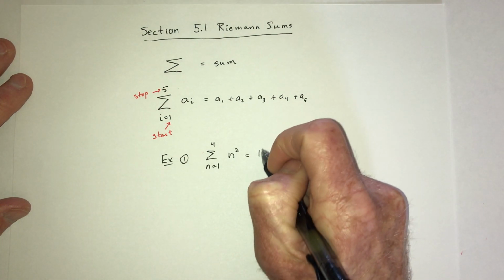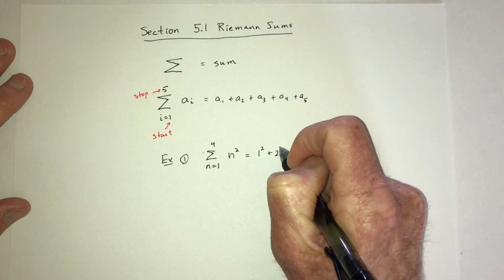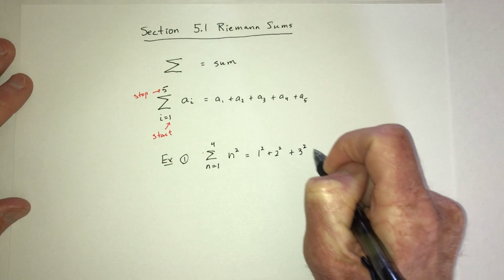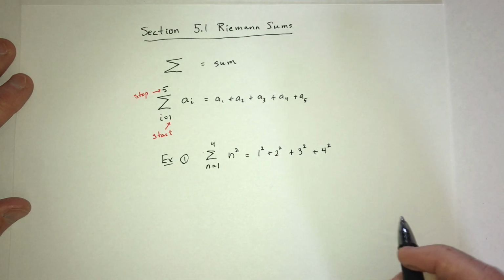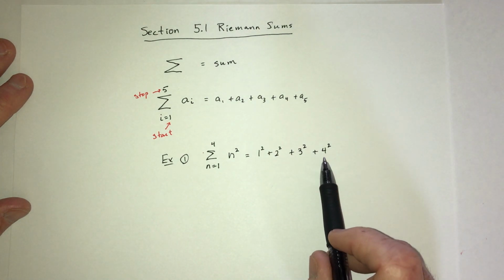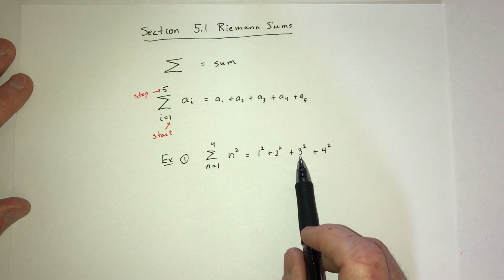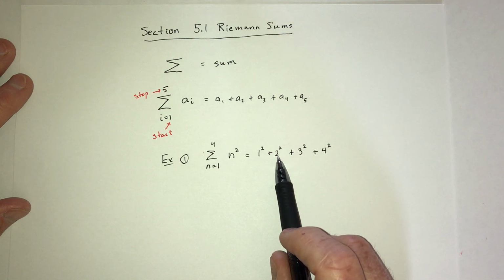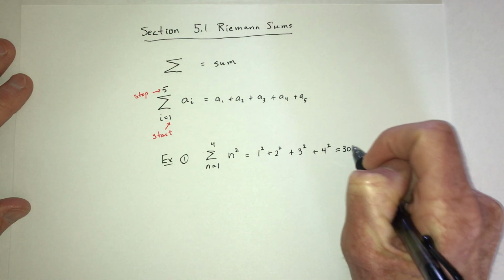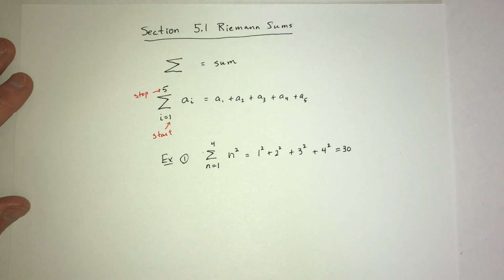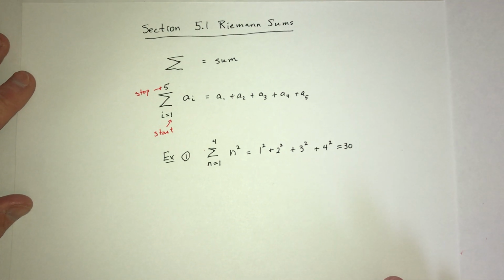So this means 1 squared plus 2 squared, 3 squared, and 4 squared. And of course, we could do this without a calculator. That would be 16 and 9 is 25. With 4 more is 29. With 1 more is 30. But what I really wanted to show you is how to do that with the calculator.